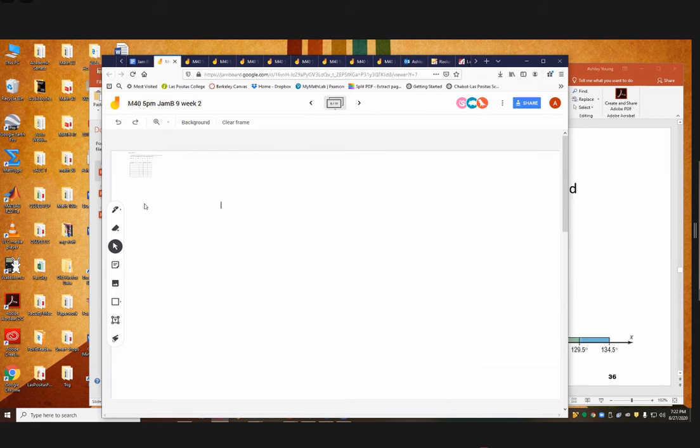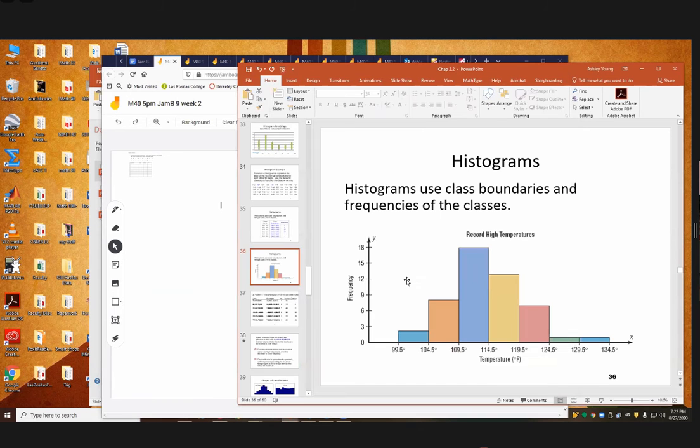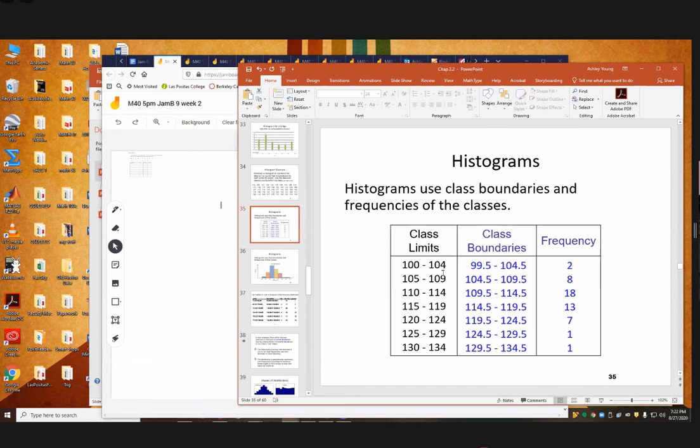And then I have another question. Colleen, go ahead. Okay. So for the x-axis, is it class boundaries or class limits? Class boundaries is easiest. If we do class limits, then you have to do both limits, and then they should not touch the next class. Because something cannot simultaneously be 104 and 105 at the same time.